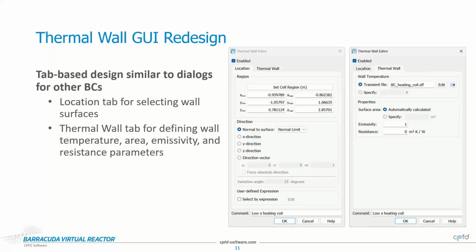In this tab, you'll also see a new option for selecting location by using a user-defined expression. This control has actually been added to all the BCs, and I'll discuss it more on the next slide. The thermal wall tab in this dialog has the controls for specifying wall temperature and other physical properties of the thermal wall, such as emissivity and resistance.